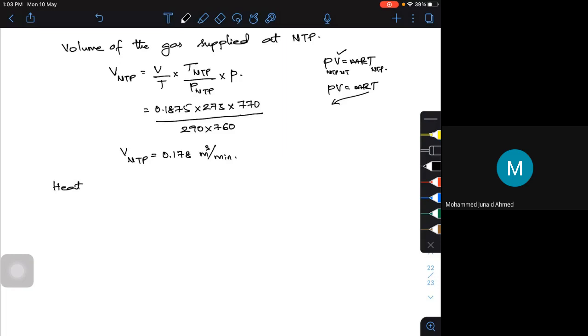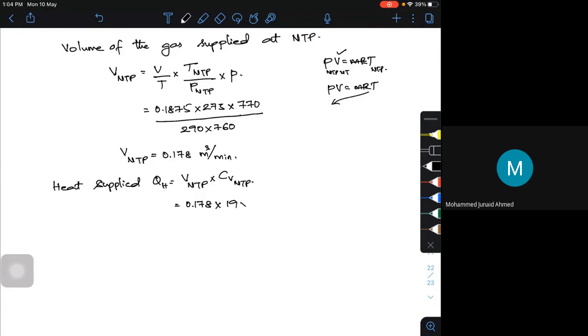Heat supplied QH is equal to the volume of the fluid, that is gas at NTP, multiplied by the calorific value at NTP. The volume of the fluid is 0.178, multiplied by the calorific value, 19 into 10 to the power of 6.